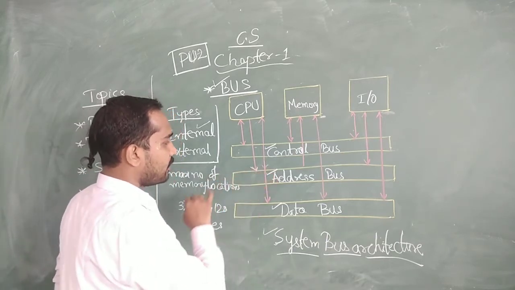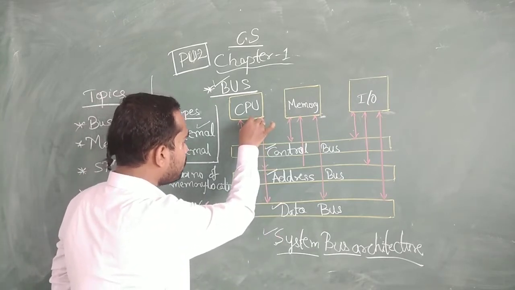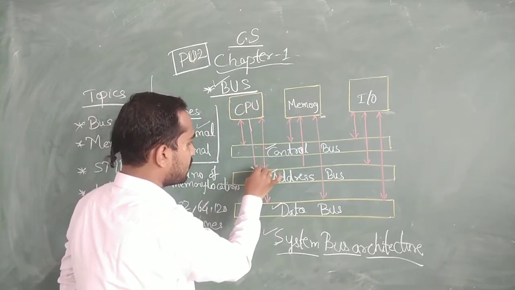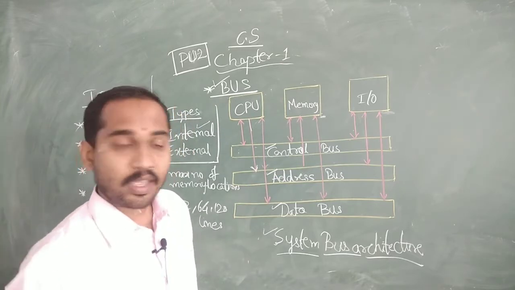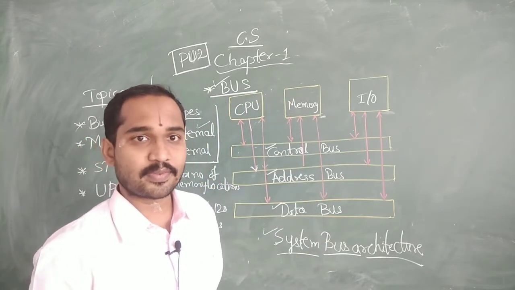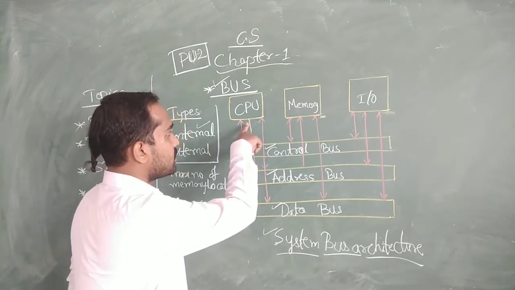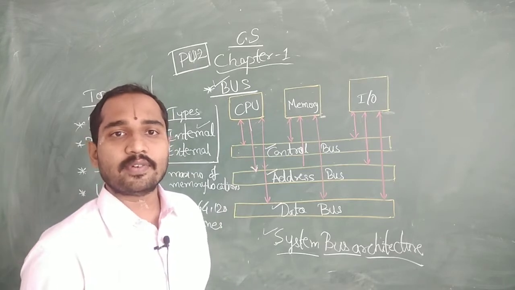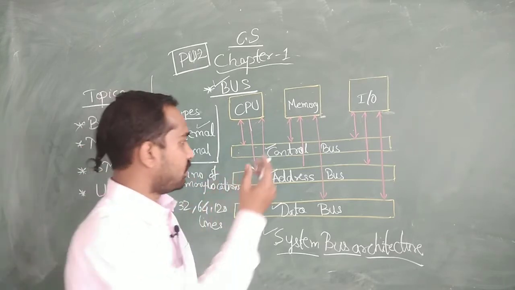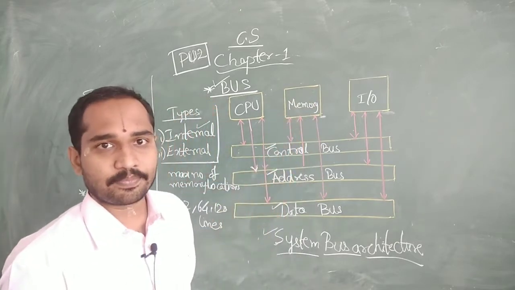But secondly, when you come to the address bus, as you can see, the address bus originates from the CPU and ends at the memory. This is very important. Means what? The CPU does not have the data here. The memory has stored the data, correct?